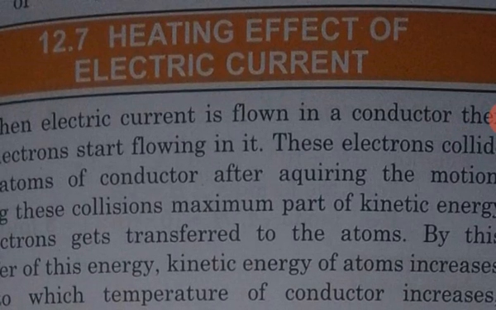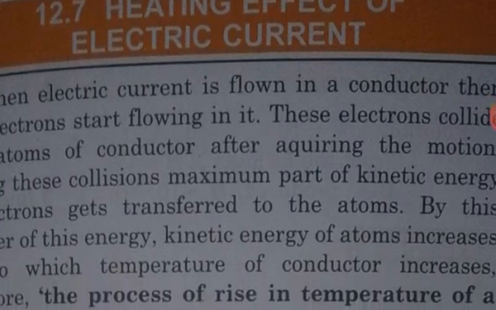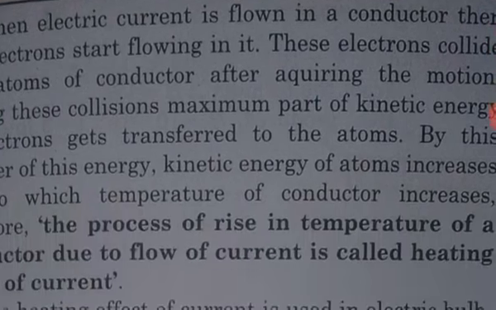The ions vibrate about their mean position more and more violently, and the temperature of the wire rises. Thus, electric energy is converted into heat energy, and this effect is used in instruments like electric bulb, heater, arc lamp, iron, etc.